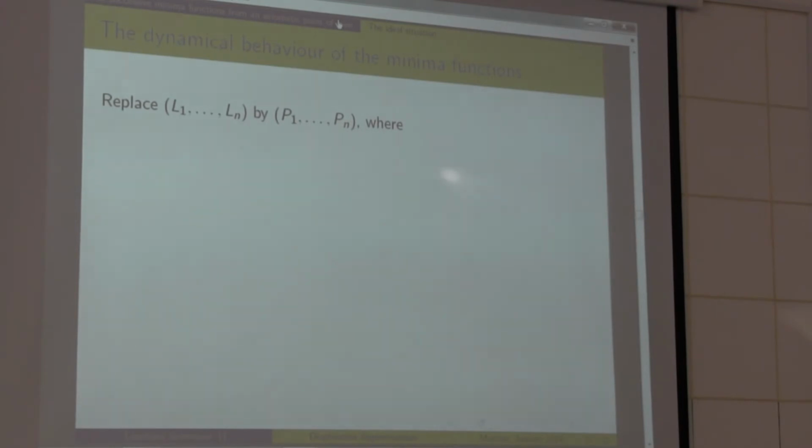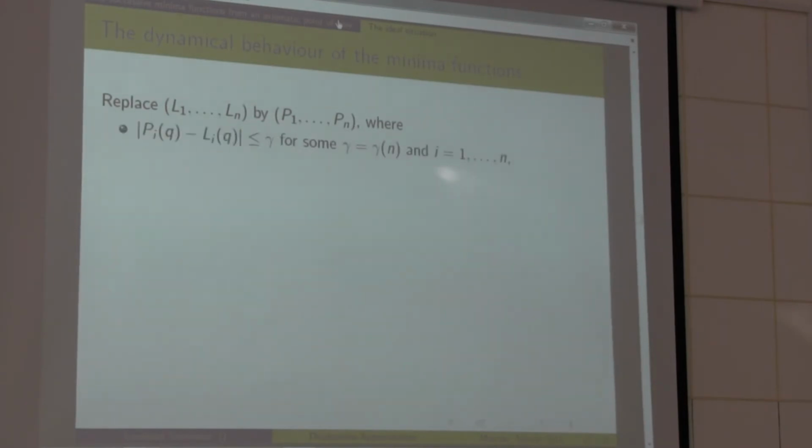First, bad news. We will replace the L sub 1 up to L sub n that we got used to by another n functions, p sub 1 up to p sub n, simply because we do not like the fact that the sum is bounded but not equal to 0. So we try to replace those L sub i by functions p sub i in a way that the p and the L do not differ by much.